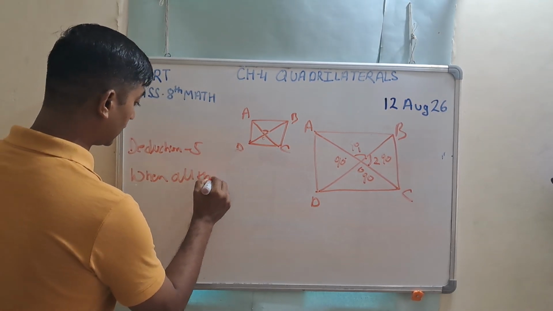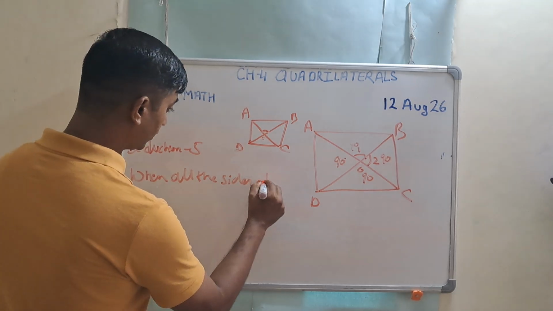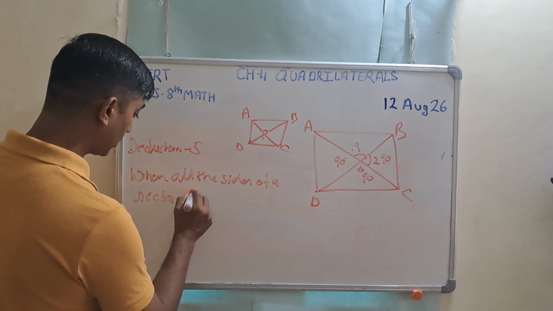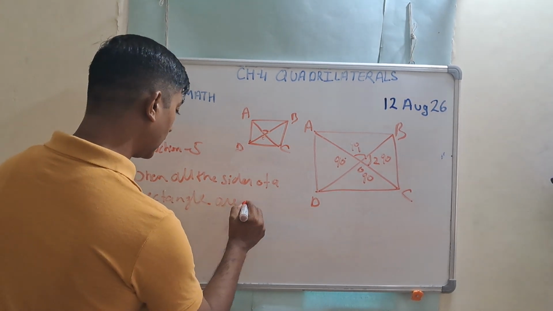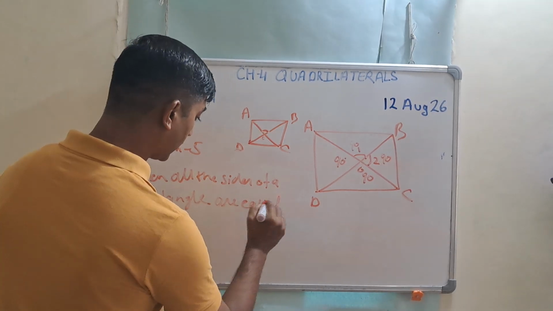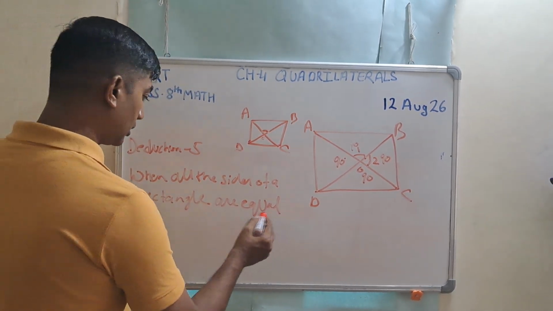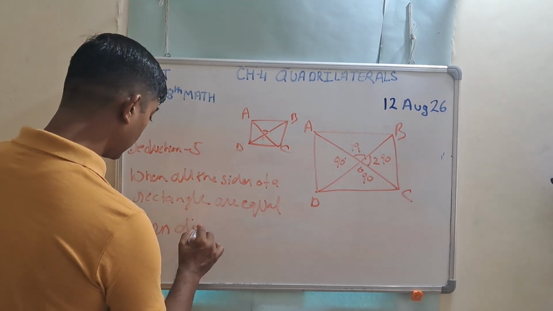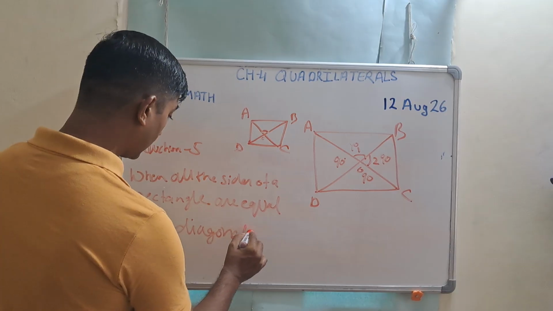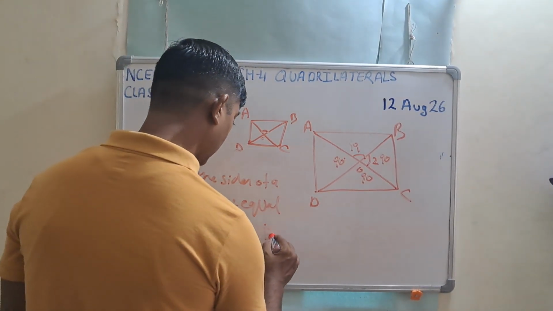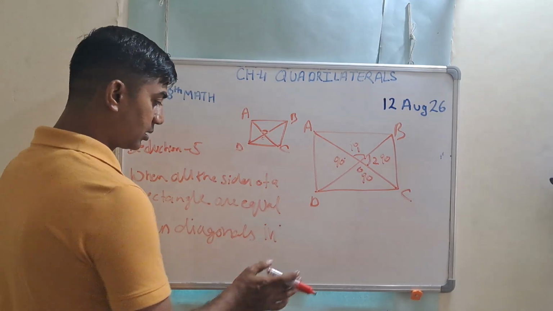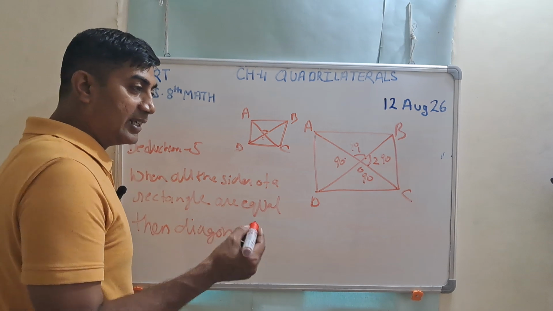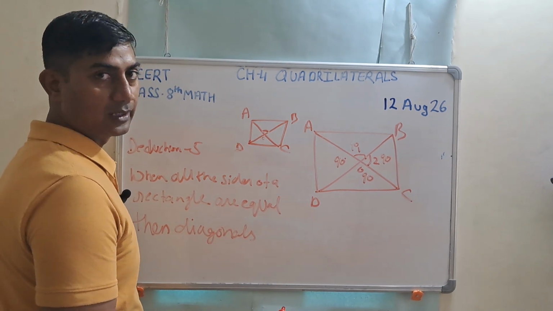When all the sides of the rectangle are equal, it is given. Understood? Then the diagonals intersect or bisect, we can include both, because since we are talking about the rectangle, the intersection is actually bisecting. Understood?